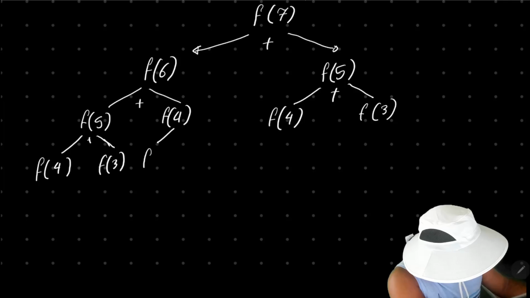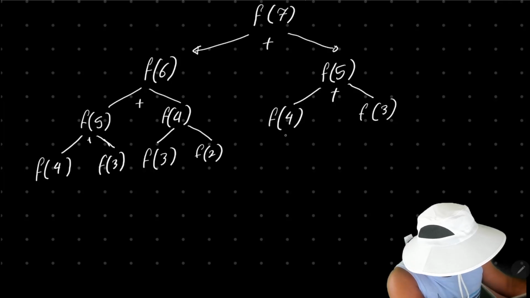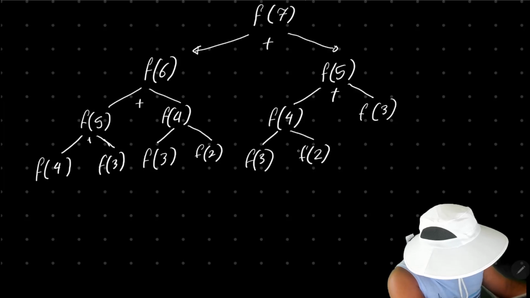This guy will be the number of ways for a staircase of size 3 plus the number of ways for a staircase of size 2. This guy, f of 3, will be f of 2 plus f of 1.